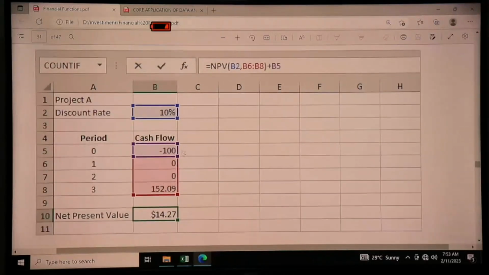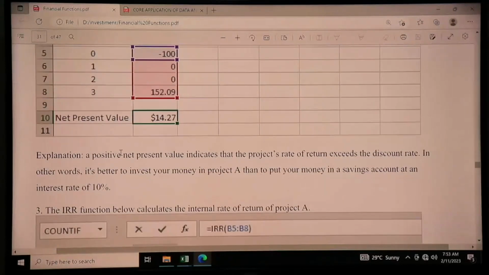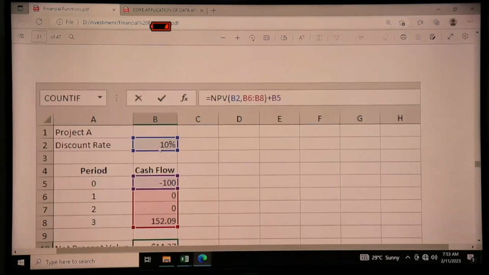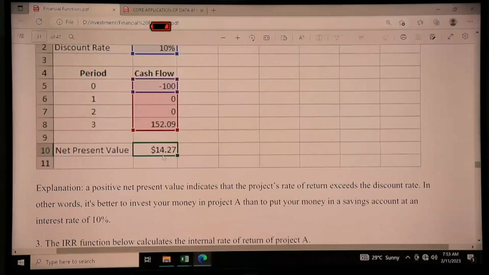So with this in mind, the explanation of this net present value figure we have got here is that it indicates that the project's rate of return exceeds the discount rate. And if the net present value is positive, then that project is viable.